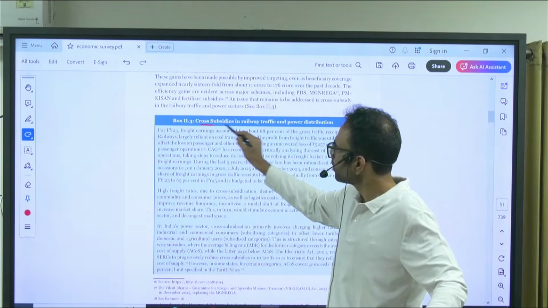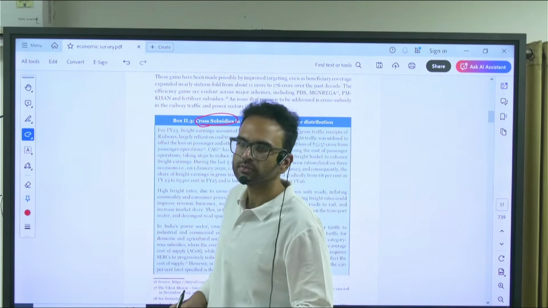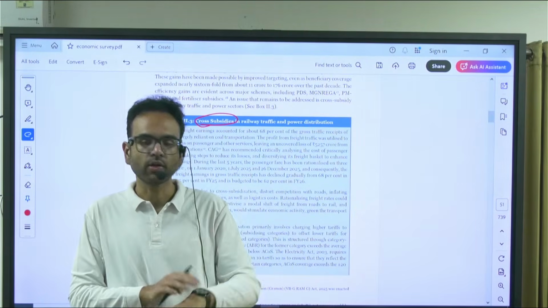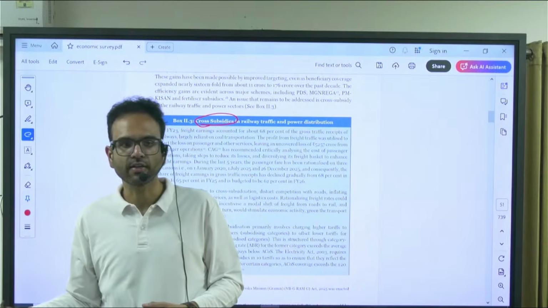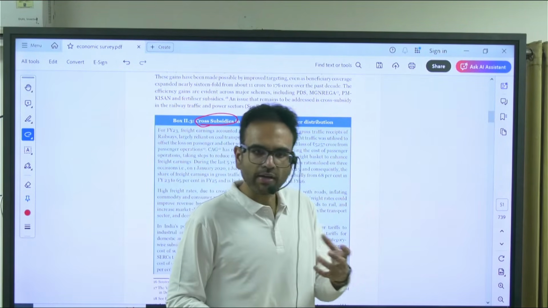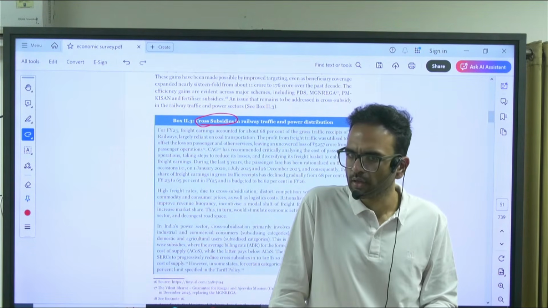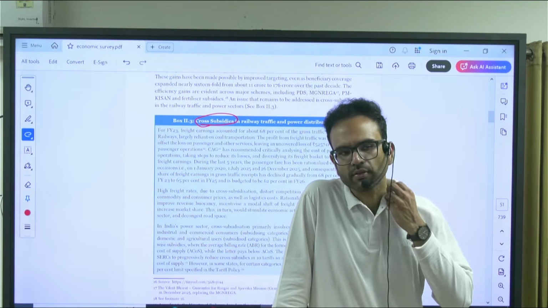Now, cross subsidy. For example, take the case of Indian Railways. There are two sectors: the passenger sector and the freight sector. Let's say if government incurs a cost of 100 rupees on running the passenger trains, they're only able to recover 50 to 60% of it.